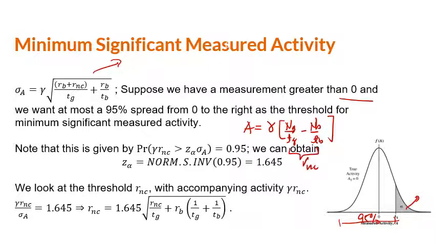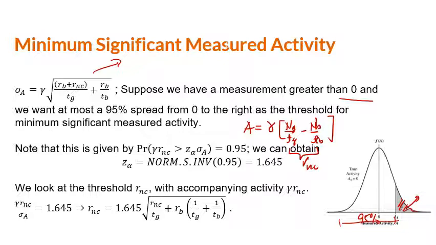Okay, so your actual activity is gamma times RNC, yung measured activity natin. So yung probability na yung gamma RNC is greater than Z alpha sigma A is equal to 0.95. So this is that particular area.